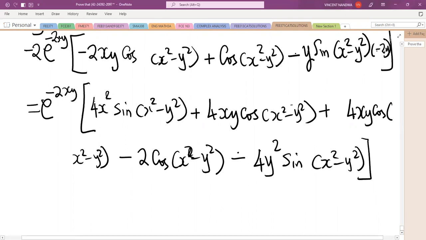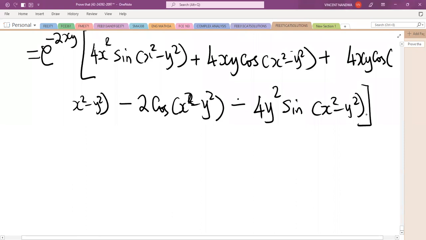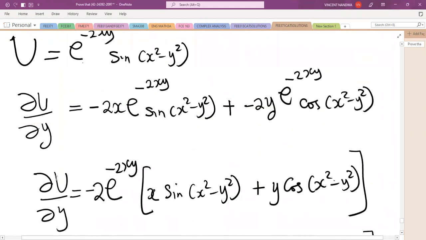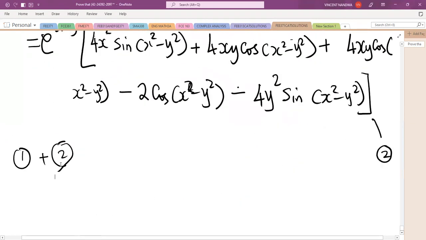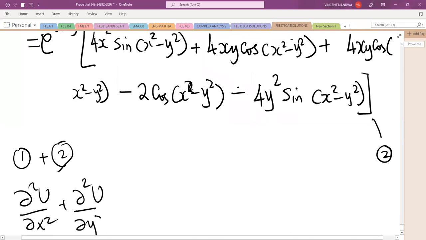So now call this one equation 2. So 1 plus 2. So we'll have partial squared u partial x squared, plus partial squared u partial y squared.